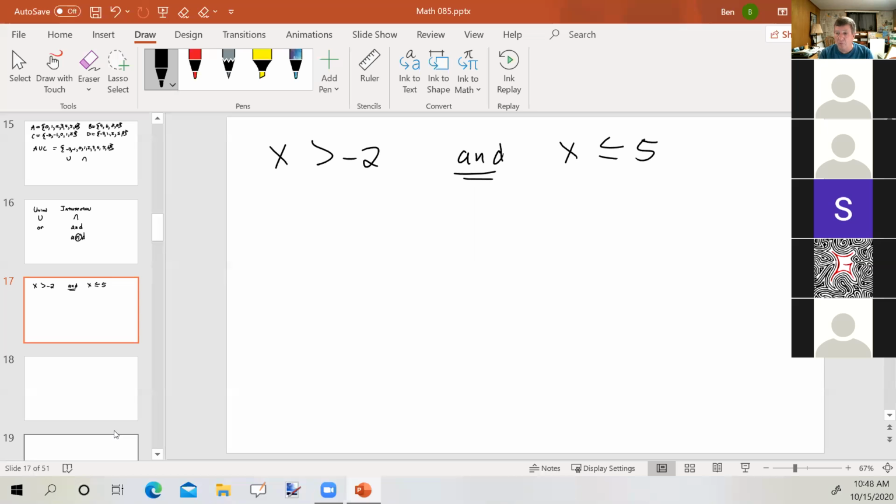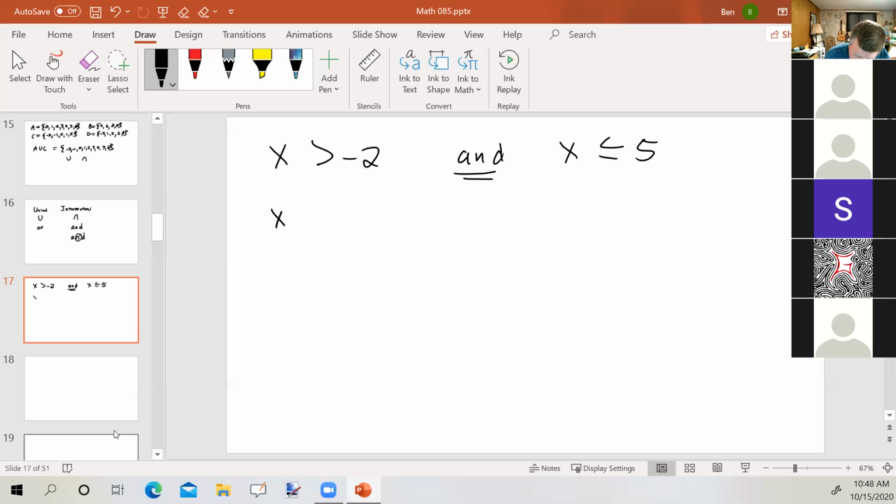So where they overlap, what they have in common. The instructions want us to solve it, graph it, and write the answer in interval notation. So the first thing we're going to do is solve it. Now, I'm going to actually graph the individual pieces. You don't have to do this, but I think it's a good idea to get you to the final answer.